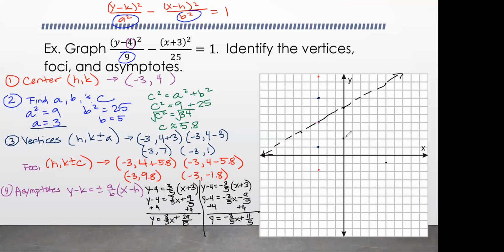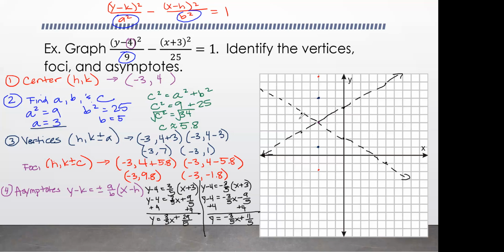I can also go up 3 and over to the left 5. Keeping in mind, it also has to cross my center point, so that's going to be about here. And it keeps going.